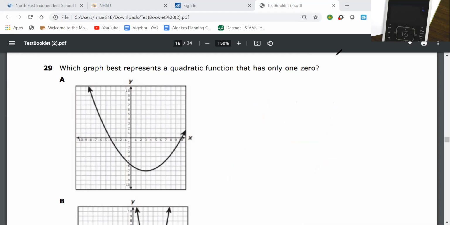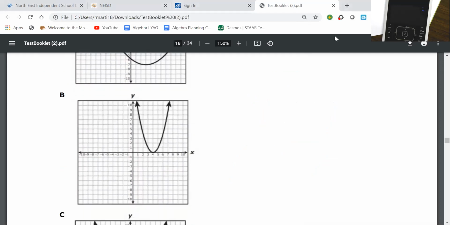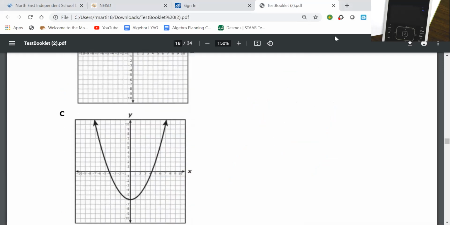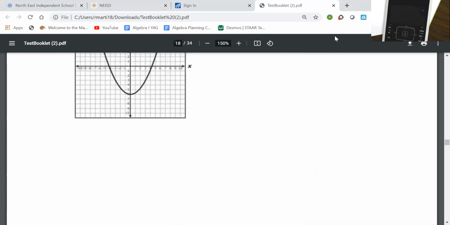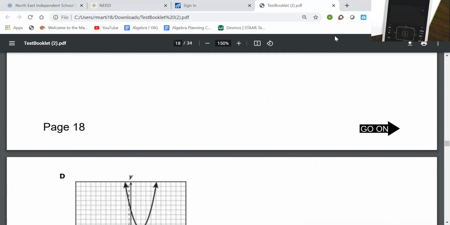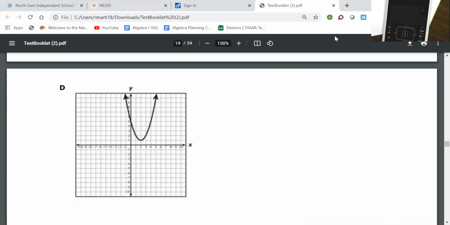So they're saying, which one of these has only one zero? Well, A has 2, it crosses it twice. B just touches, so that's the answer. C crosses twice, so that has 2. And then D doesn't even cross it, so that has no real roots.